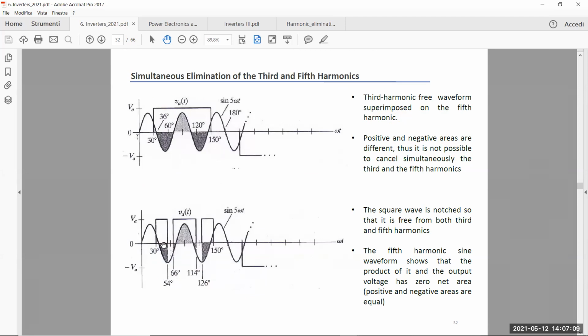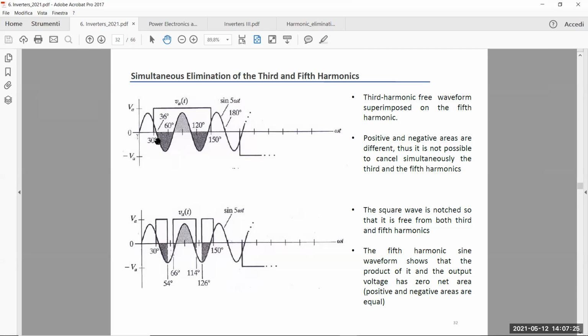So this discussion can be extended in order to eliminate more harmonic lines. If you want to eliminate just one harmonic at a time, choose the alpha which is suitable for you. Typically, this is done for the third harmonic.